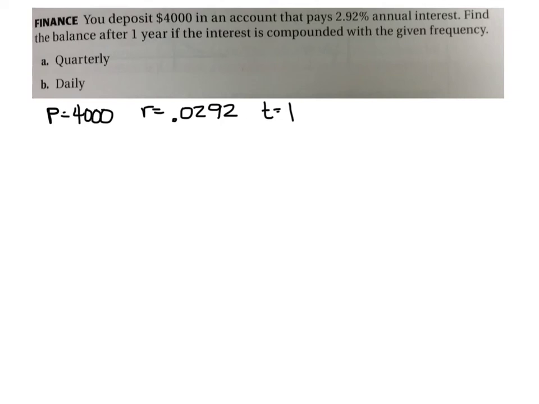Okay, so part A, if it's compounded quarterly, what does N equal? How many times per year is quarterly? 4. So, to figure out how much money I have in my account, I take the 4,000 times 1 plus my interest rate, 0.0292, over 4, to the 4 times 1.